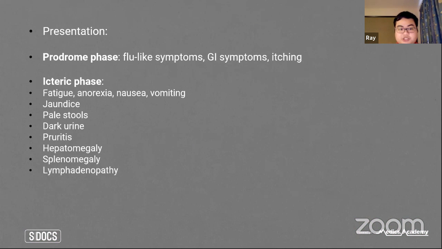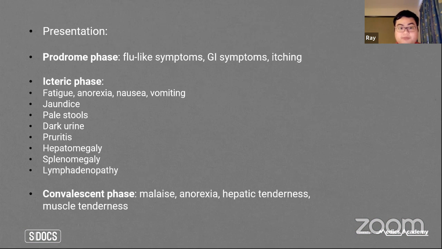In terms of presentation, there would first be a prodrome-like phase. So you have your flu-like symptoms, GI symptoms such as diarrhea, vomiting, nausea, and itching. But then we would progress to the icteric phase. So fatigue, anorexia, nausea, vomiting, and some signs of liver disease, which I've covered in the last part, okay?